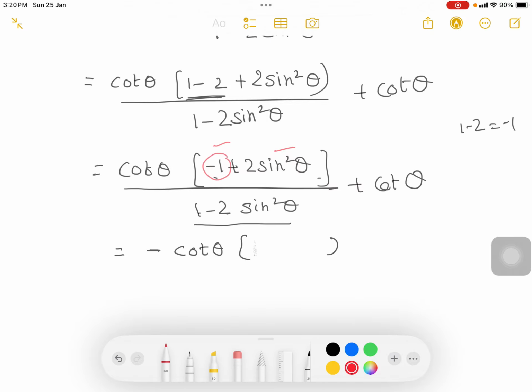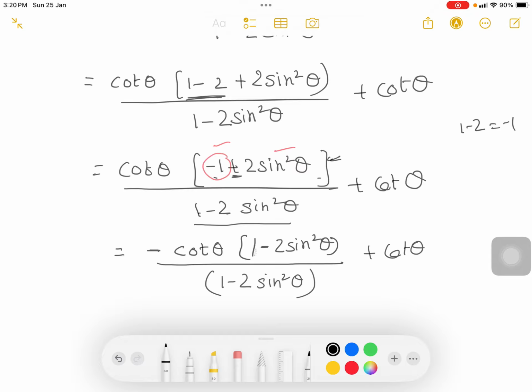And if I take minus common from here, we will be left with minus 2 sin square theta. Means if I am taking minus common from the numerator, the sign of the bracket will change. It was minus 1 plus 2 sin square theta. It will become 1 minus 2 sin square theta. And in the denominator we have 1 minus 2 sin square theta plus cot theta.